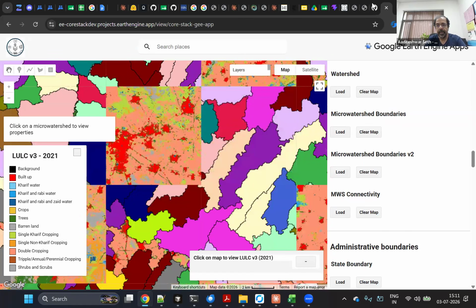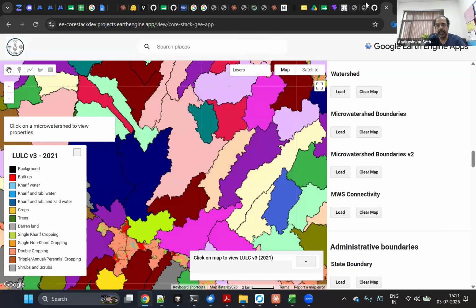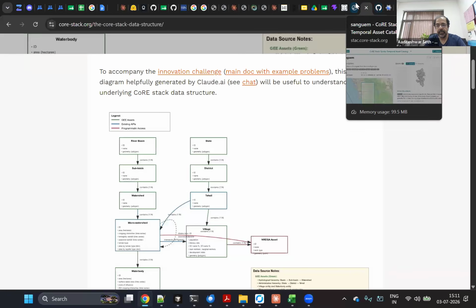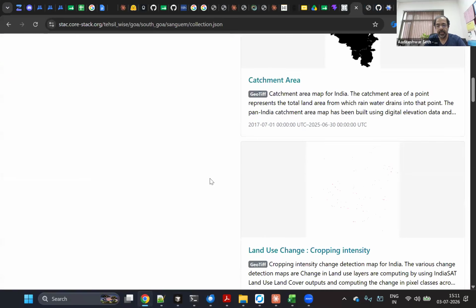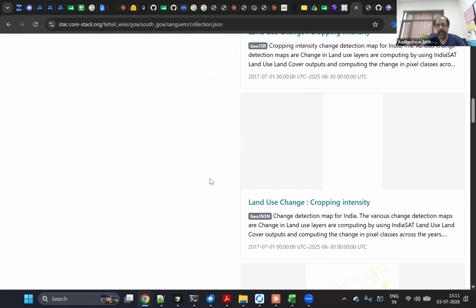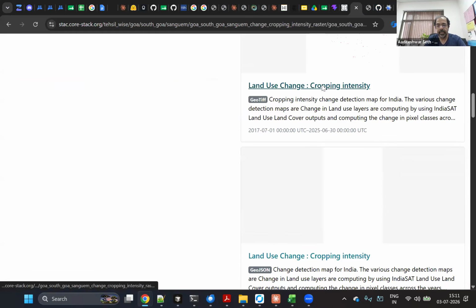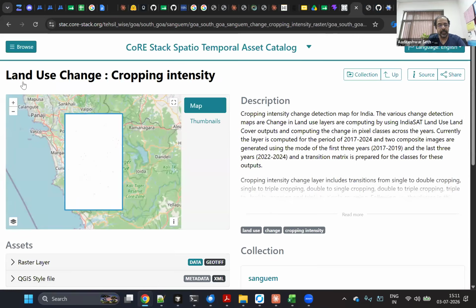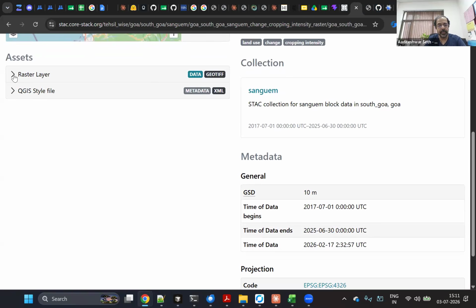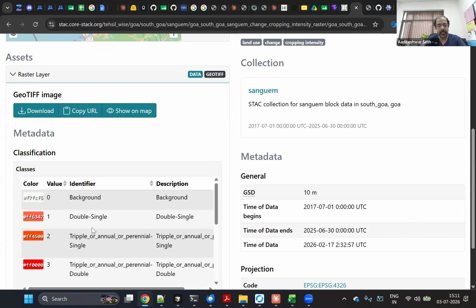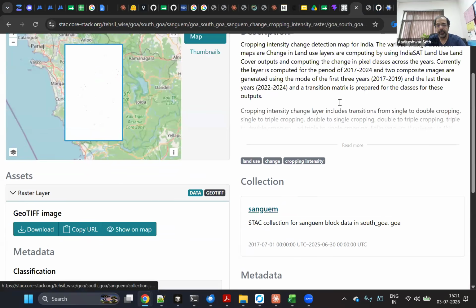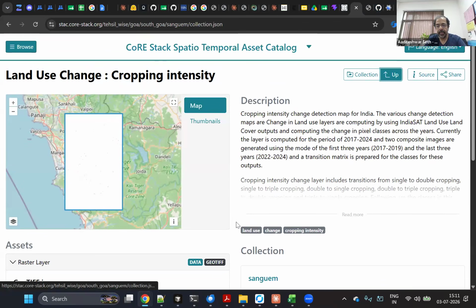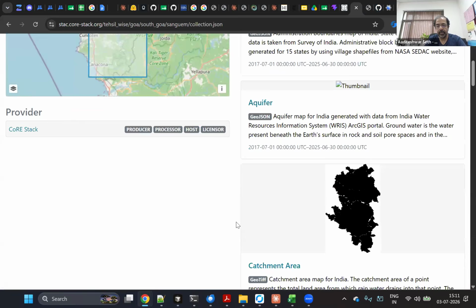And then the stack specs that I was showing were generated: it picked up the cropping intensity layers, which show what kind of pixel level changes have happened across different years from single to double and so on.